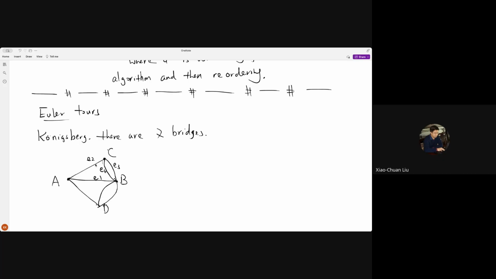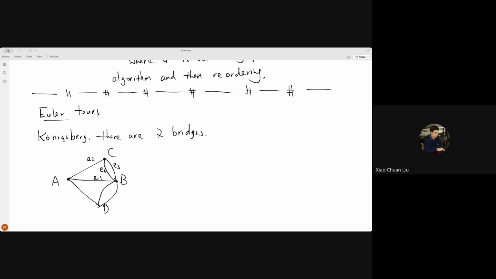I think if you ever did Olympiad problems, this kind of thing has a lot of variations in Olympiad problems. Have you seen this kind of thing? Yeah, great.